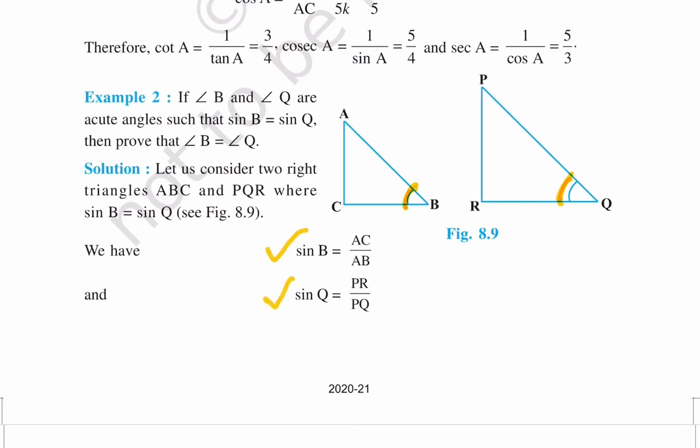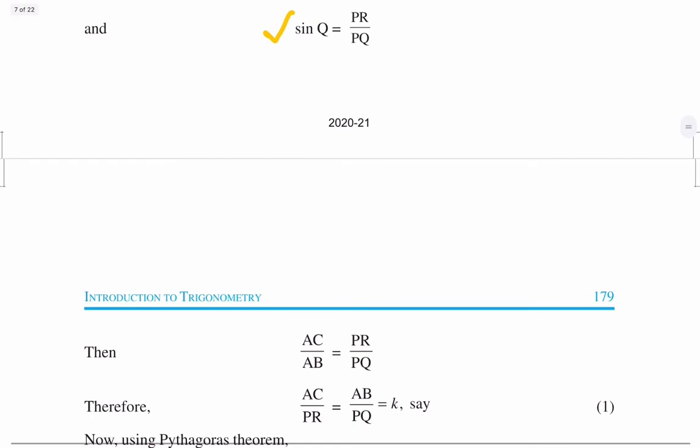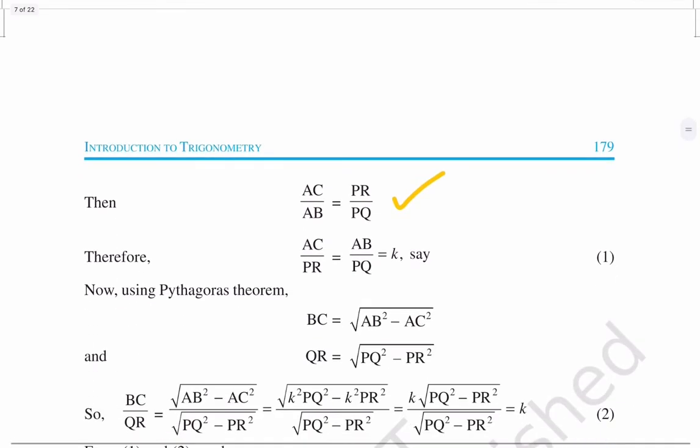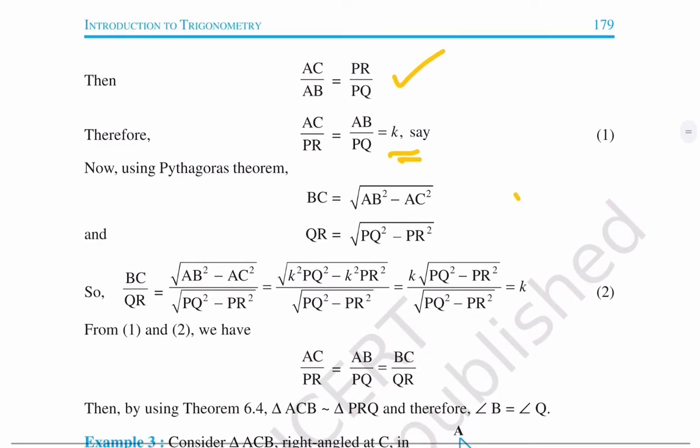Since sin B and sin Q are equal, we will equate this value. Therefore AC by PR is equal to AB by PQ. Let us say this is equal to K. So we will find the values of BC and QR by using the Pythagoras theorem.